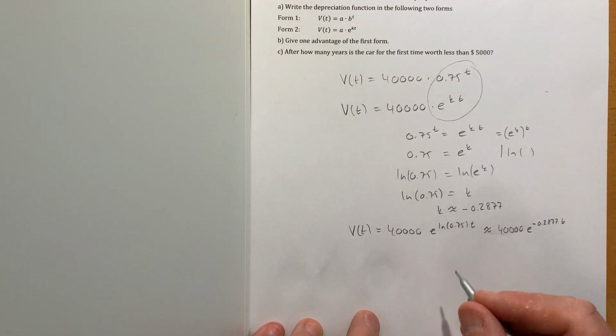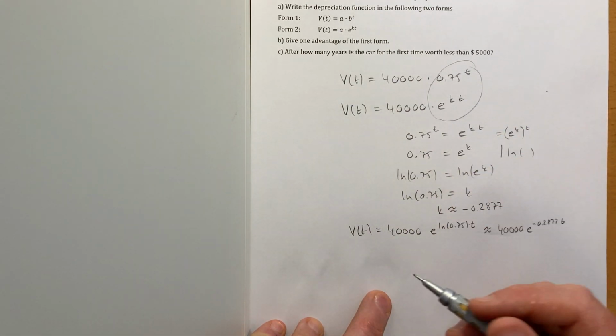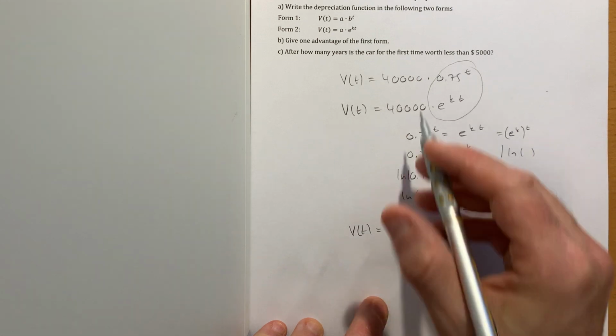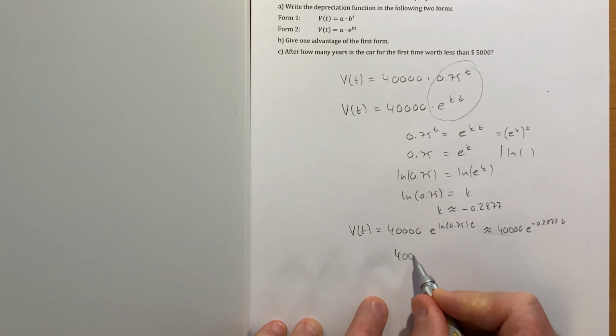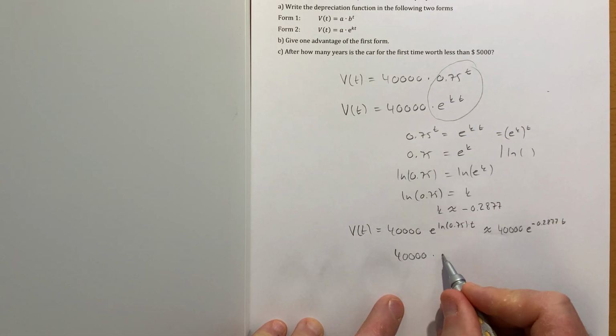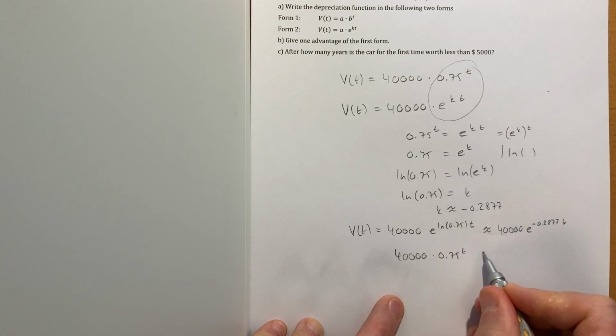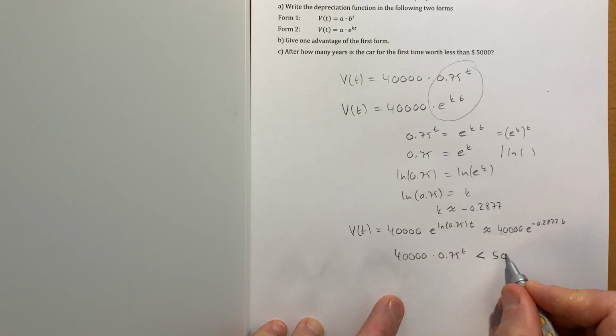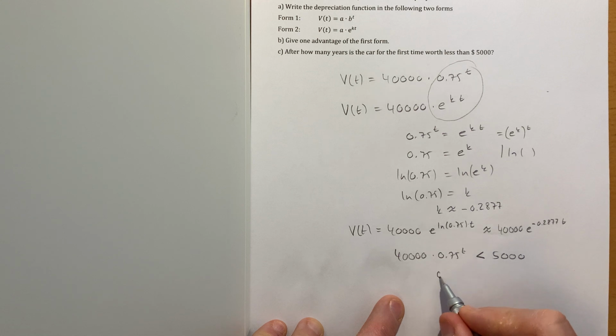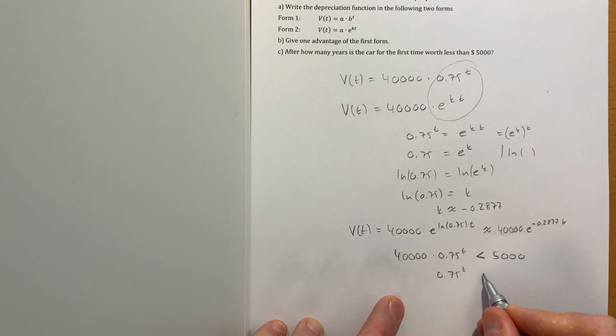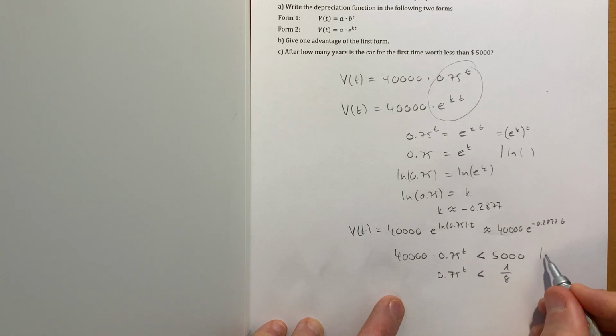Now let's do c. You could use either of them, I'm going to use this one: 40,000 times 0.75 to the t is less than 5,000. So 0.75 to the t is less than 1/8 if you divide by 40,000.